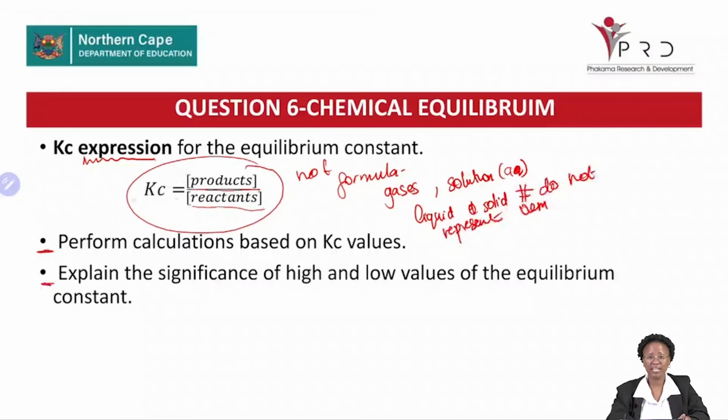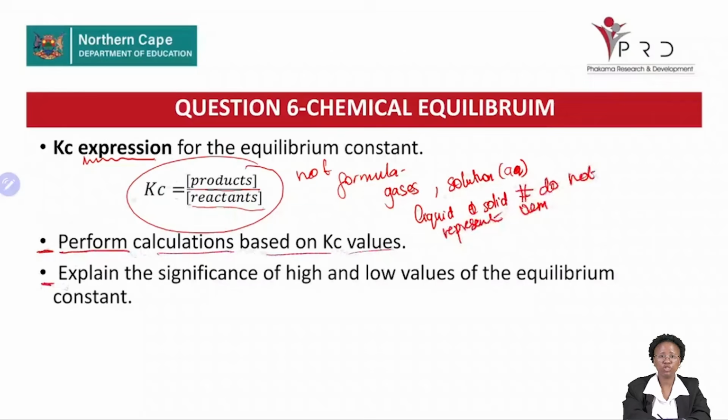So hopefully by the end of this lesson, you'll be able to remember how to do the calculation, based on Kc values. I use the RICE method to help me remember the table that I use when I'm doing my calculation for the Kc. I will explain the RICE method when we look at the calculation.